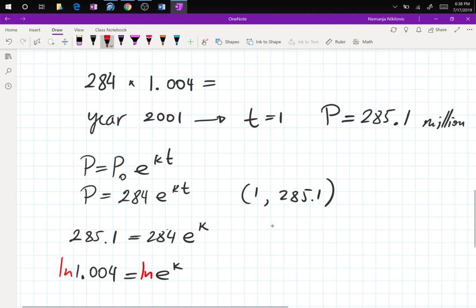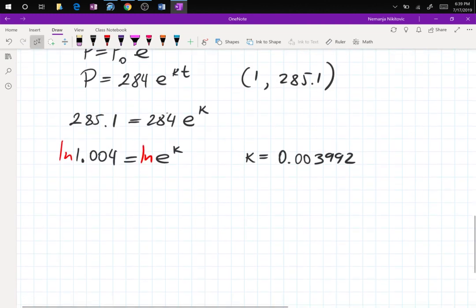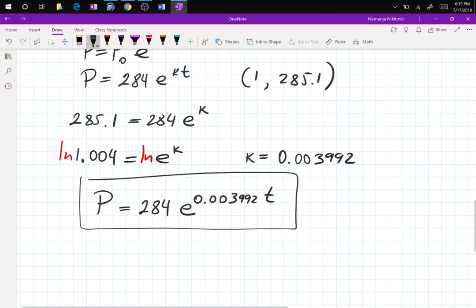You ln both sides, and you get the ln of 1.004, which gives you that the k value, which is the growth constant, is 0.003992. Now this gives you the population model of 284 e to the 0.003992 t. This is your model.